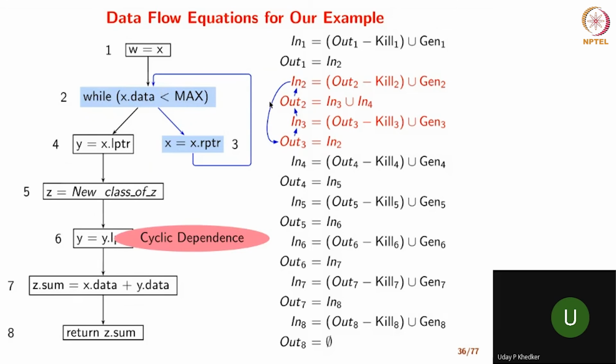So we can't solve out 3 fully and then solve in 2, because in 2 depends on out 3 and out 3 depends on in 2. So we use an iterative method, starting with a conservative value and refining the value until the values no longer change.